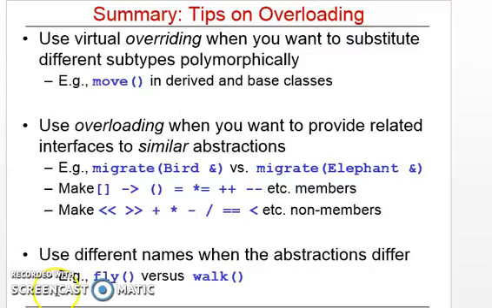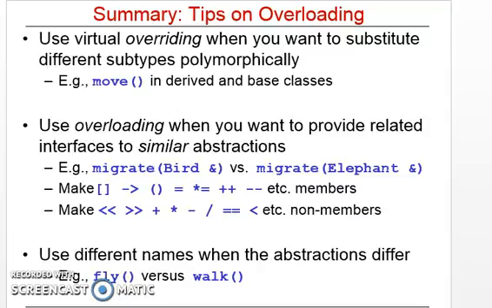Once again, tips on overloading. Use virtual overriding when you want to substitute different subtypes polymorphically. Use overloading when you want to provide related interfaces to similar abstractions, as shown in the example. Use different names when abstractions differ.